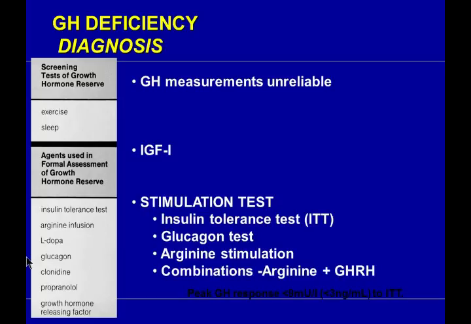I really, my own self, think that you don't need to remember this at this point. You just need to understand that if you look for growth hormone deficiency, you must do something to stimulate it. You must ask, is it appropriately high under appropriate stimulation, as opposed to just measuring the normal level, because the normal level is often low.